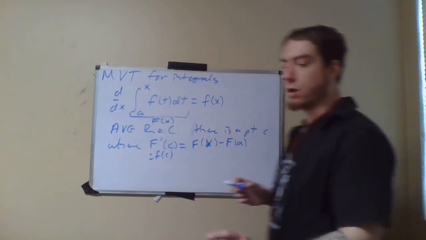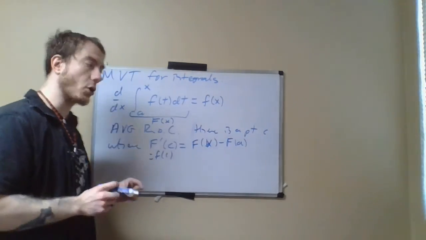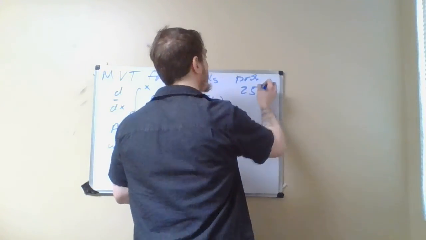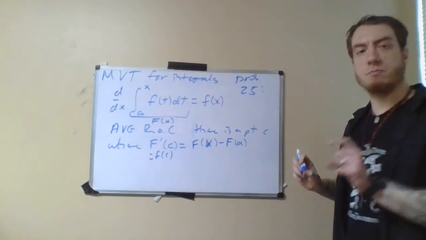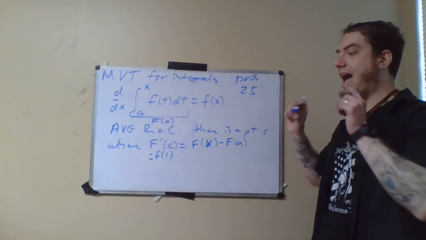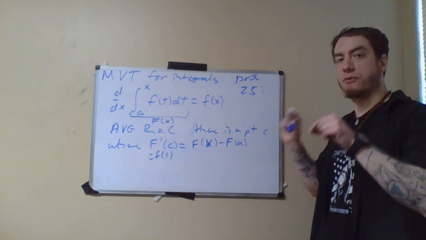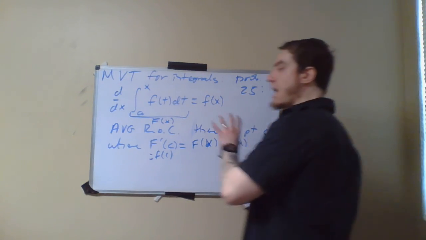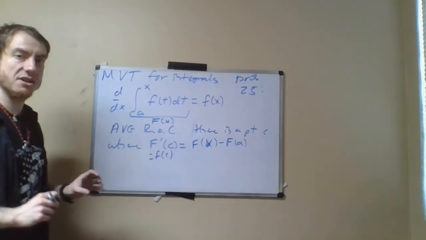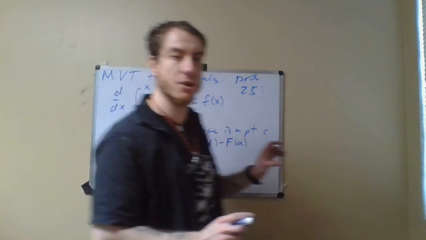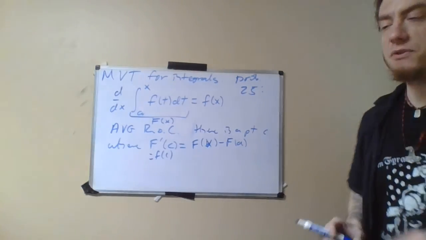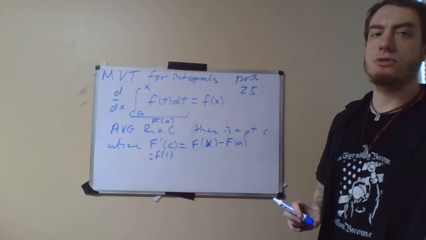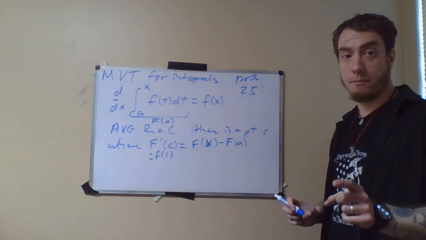If you look in your book, problem 25 in the homework, and I want to encourage you to look at this, problem 25 explains how you go from the mean value theorem for derivatives to the mean value theorem for integrals. So I proved the mean value theorem for integrals without using the mean value theorem for derivatives. But if you already know the mean value theorem for derivatives, you can get the mean value theorem for integrals with it as well.